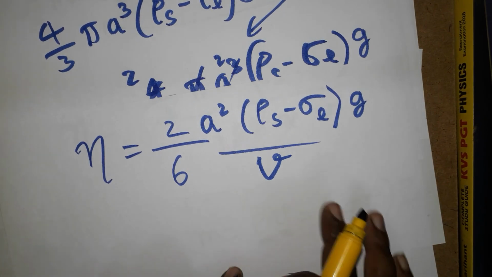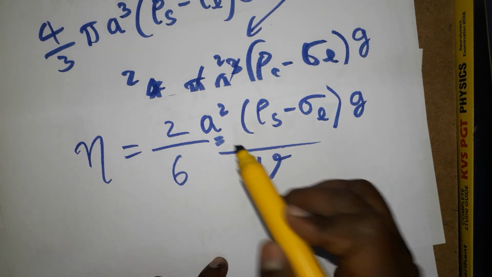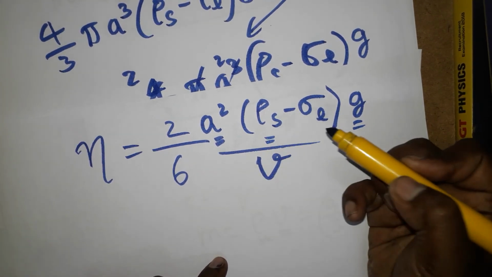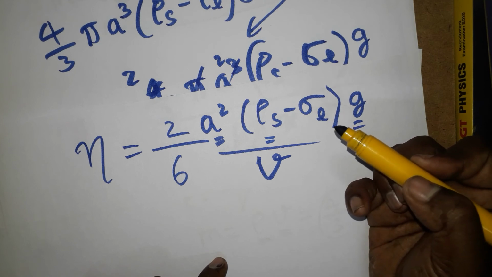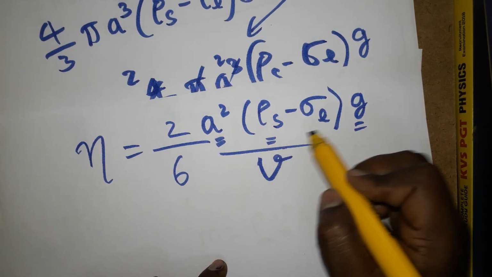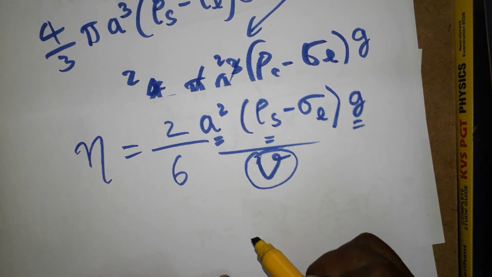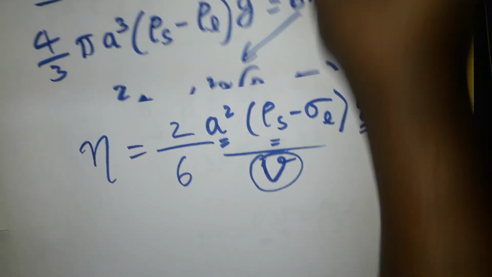The radius we can find using a screw gauge, and gravity is 9.8. The density of the solid, whether brass or aluminum, whatever you are dropping, you know. The density of the liquid you also know. The only unknown is the velocity of the moving sphere.